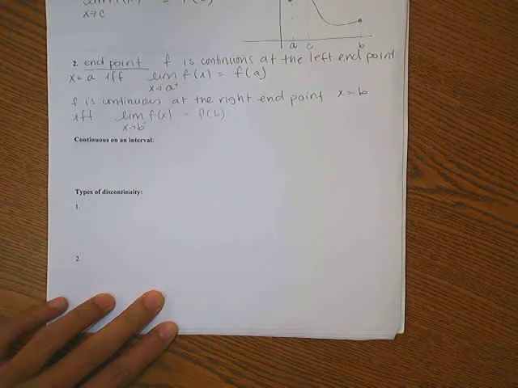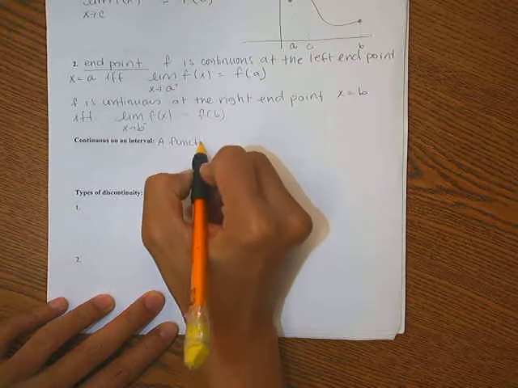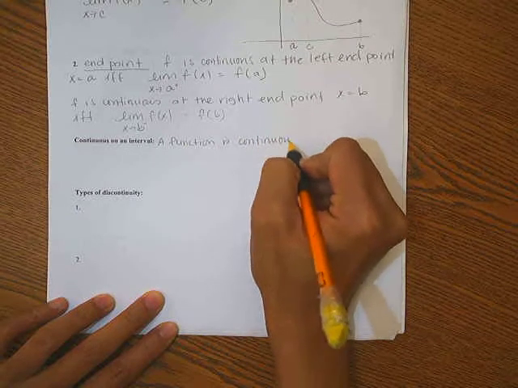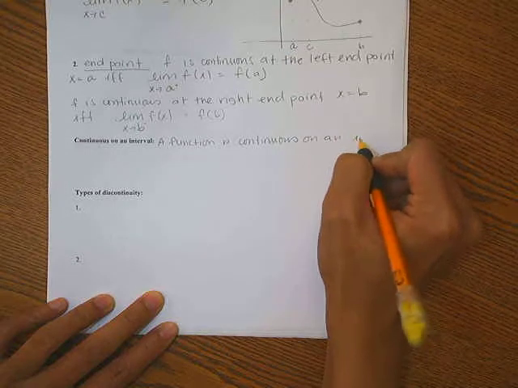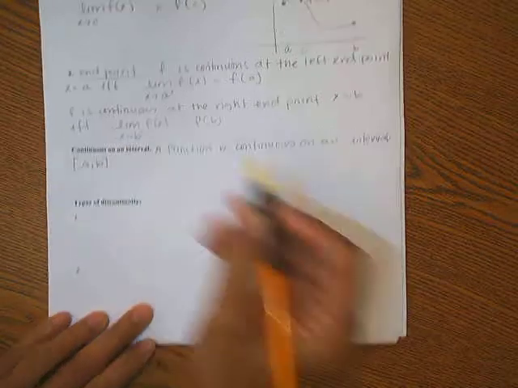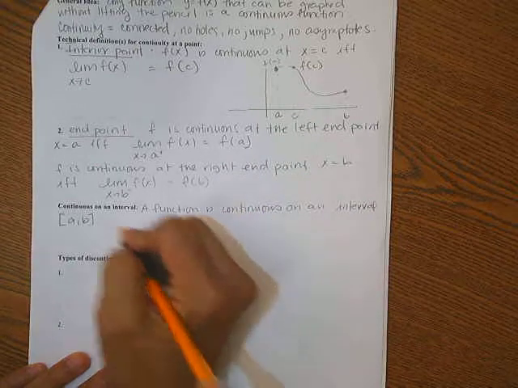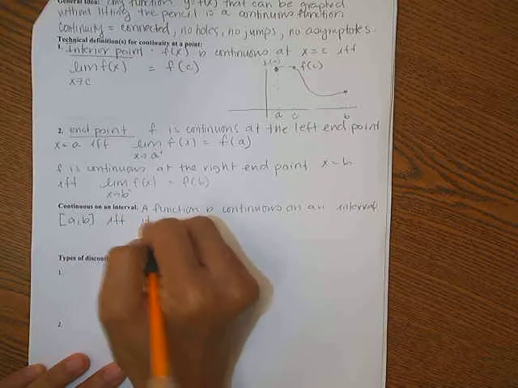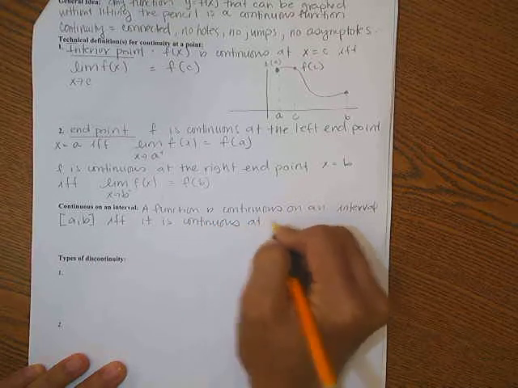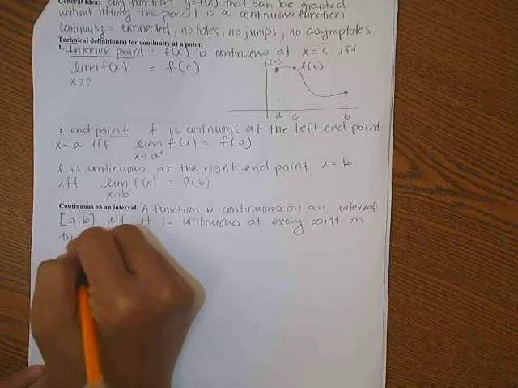A function is continuous on an interval, from A to B inclusive, if and only if it is continuous at every point on that interval.